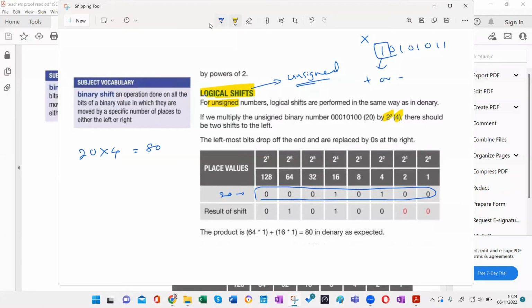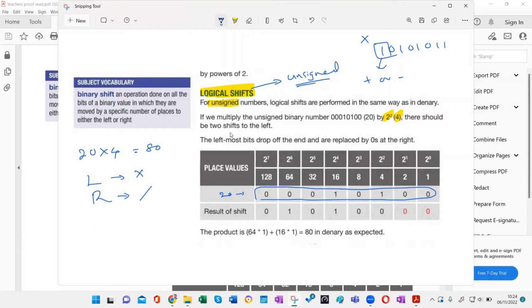If it is a multiplication, where should we shift to? To the left or right? To the left, right? Left shift is a multiplication. Right shift is going to be a division.